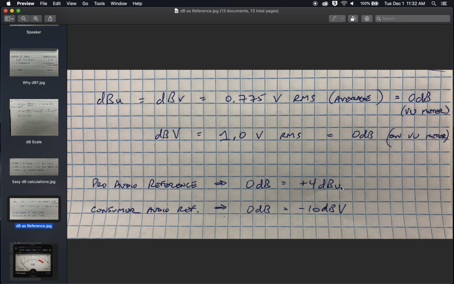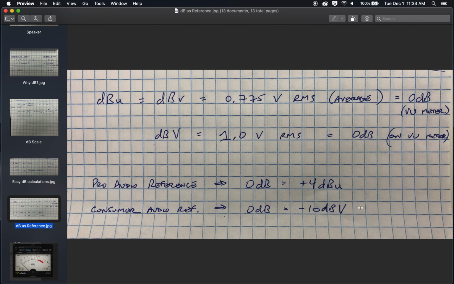They're just, this is what professional audio equipment is calibrated to, and this is what more consumer level audio equipment is calibrated to. And professional equipment is balanced, right? Meaning all the circuitry has a hot, a cold, and a ground, or a positive, negative, and a ground, whereas consumer audio is unbalanced, so there's just a positive voltage and a ground, or a common.